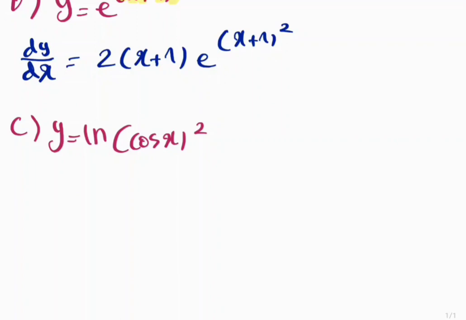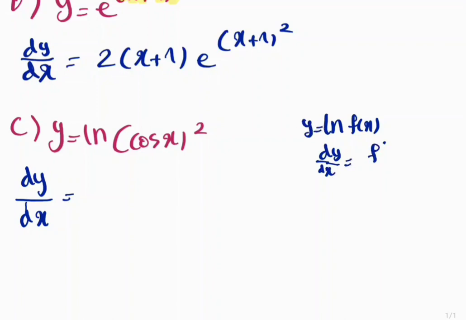C, y is equal to the natural log of (cos x) squared. We start by writing dy/dx is equal to... Whenever we have the natural log of f of x, this differentiates to f dash x over f of x, which means whatever is inside, you find the derivative of that, and that is your numerator, and the denominator is just the function itself.